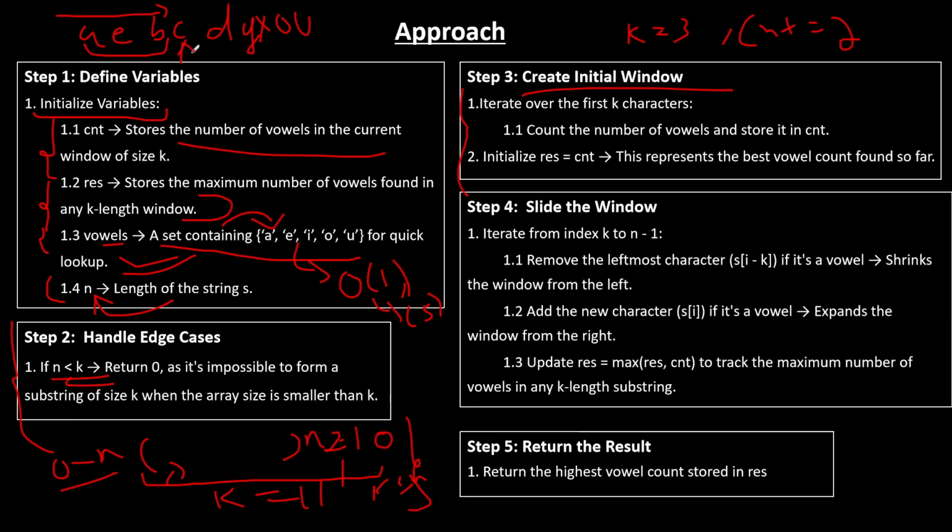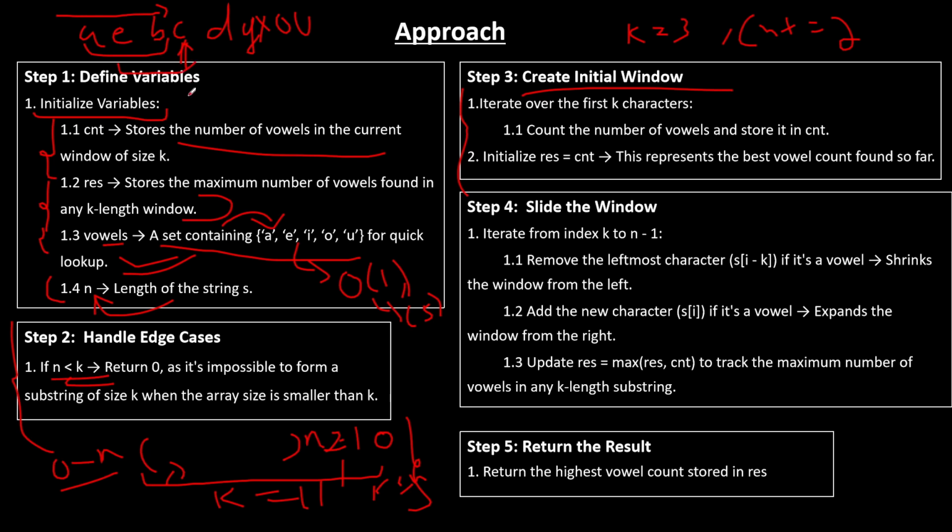I will start from here because we have the previous count of vowels with us. It makes it easier to calculate the upcoming counts because we have stored the count of the vowels until this window, and now i is starting from here. So it will be easier for us to shift the window ahead.